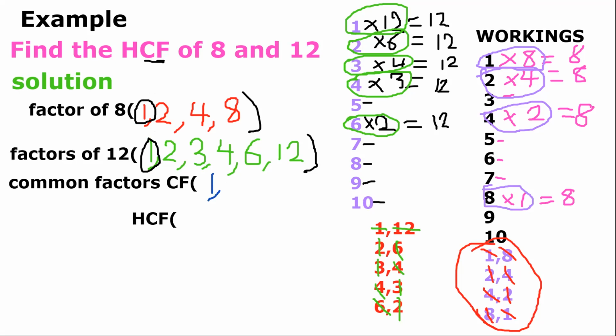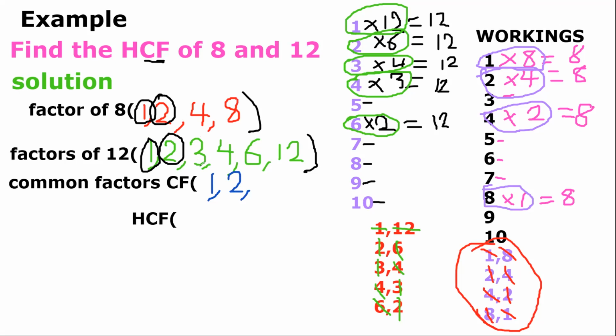Then we think about other common factors here. 2 appears here. 2 also appears here. Okay. So the second common factor here is also 2. Then 3 here.